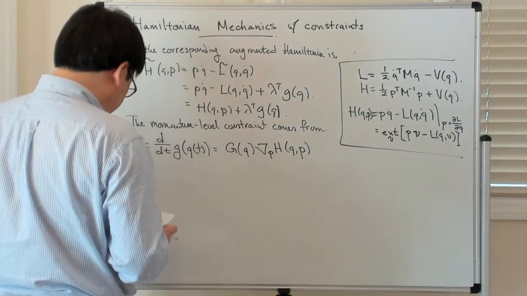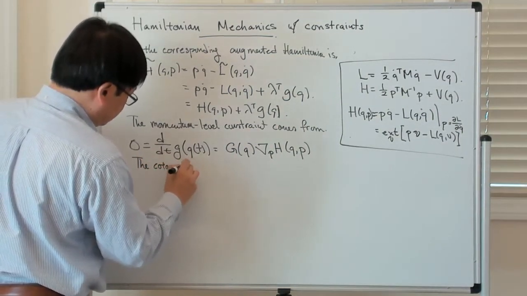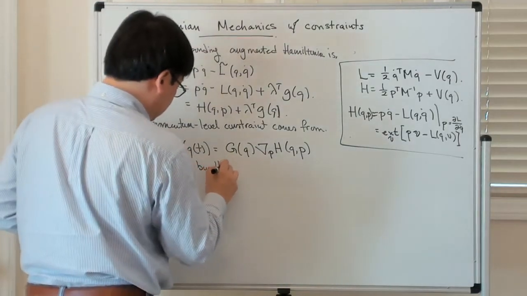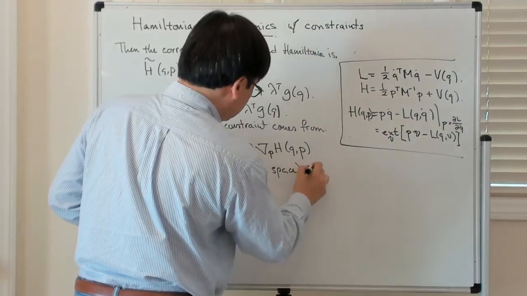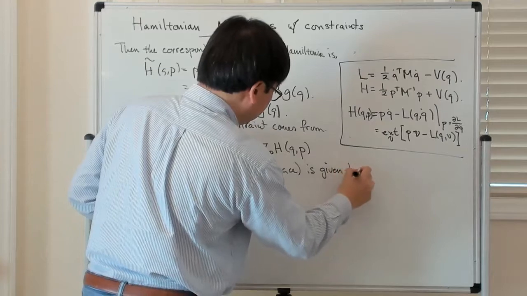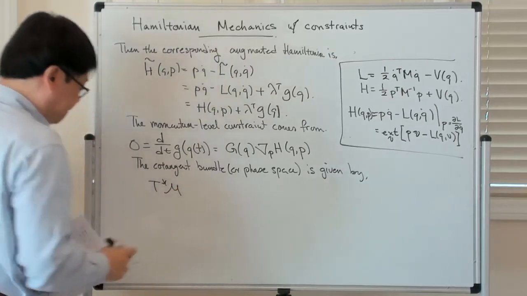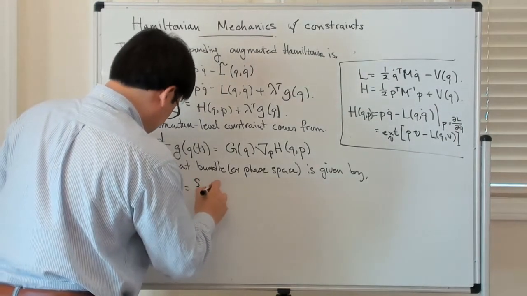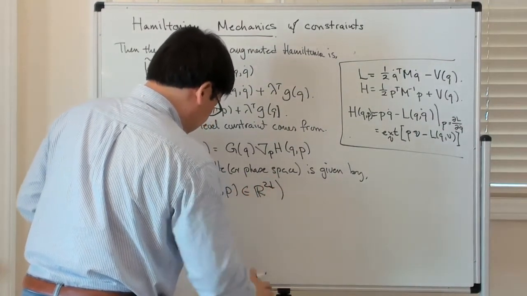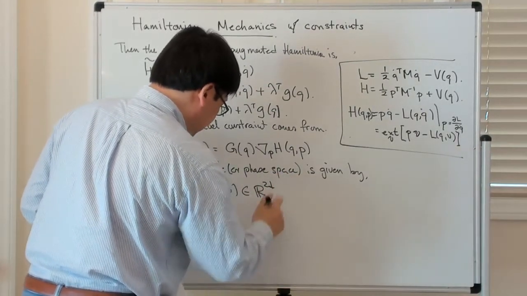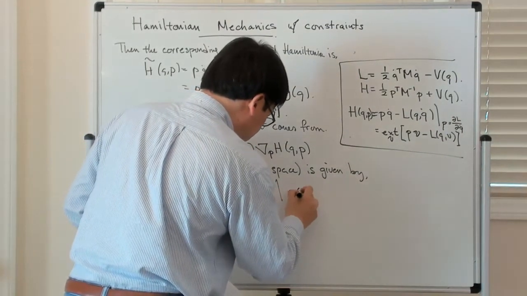So the cotangent bundle of phase space is given by the following. You denote the cotangent bundle by T star M. This is the set of q and p in R^2d, with the constraint that q is in M, which means that g of q is equal to 0.